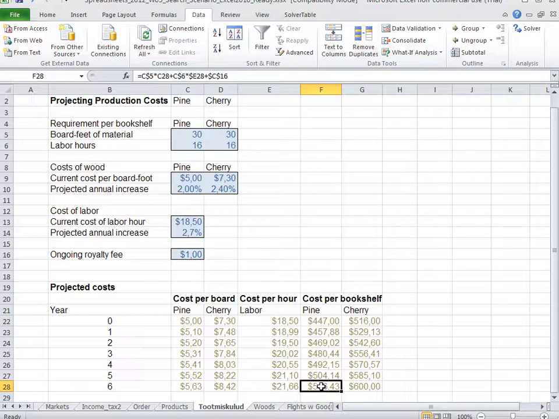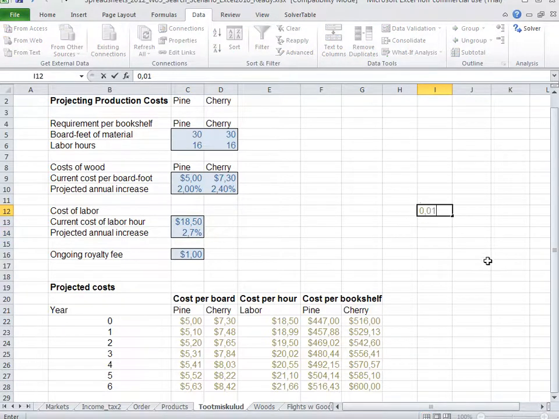Okay, another scenario analysis. Let's play with the labor cost increase, and this is often a case for scenario analysis. Let's play with it from 1% to, let's say, 6% or so. So let's go in here and let's write 0,01, 0,015.